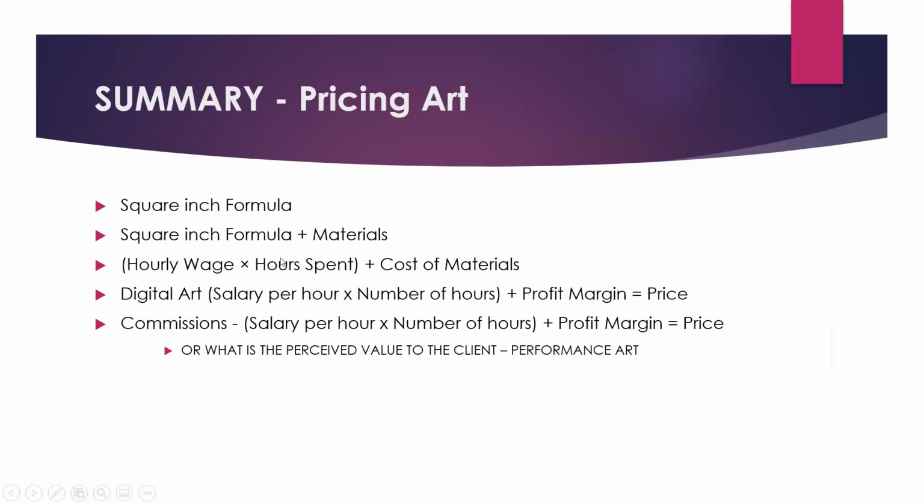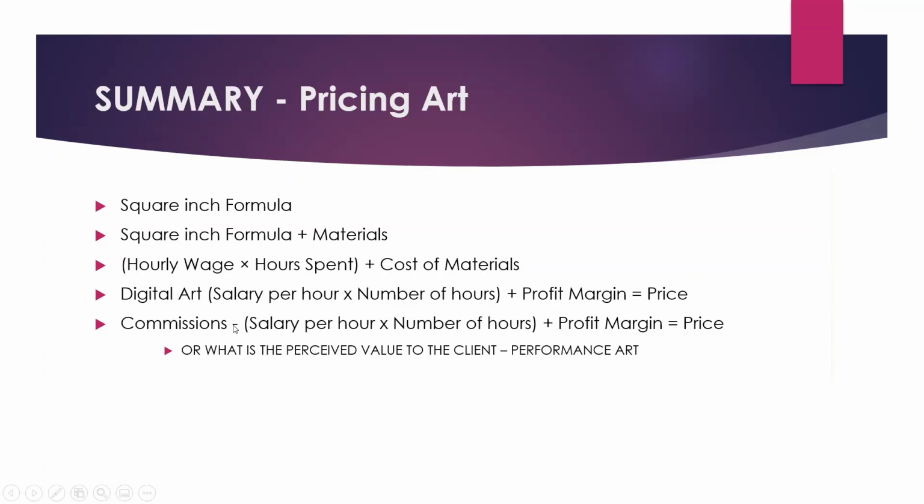You can use this and then add a profit margin to it, so a certain percentage would be your profit. Then another method for digital art is salary times the number of hours plus your profit margin, because you're not buying materials with digital art.